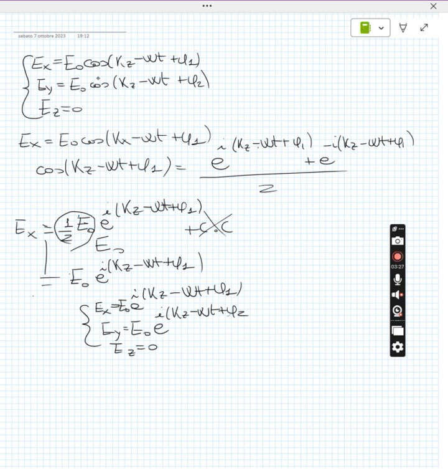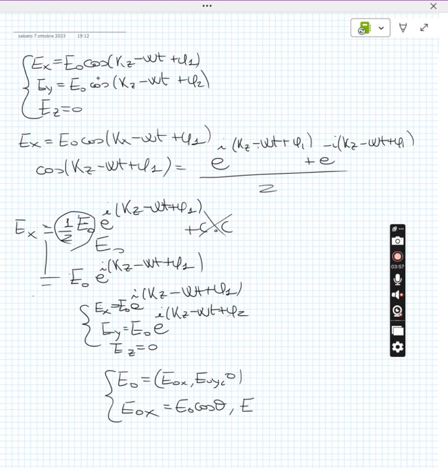The components of the amplitude of the wave are E0, where theta is actually a generic angle in the xy plane.